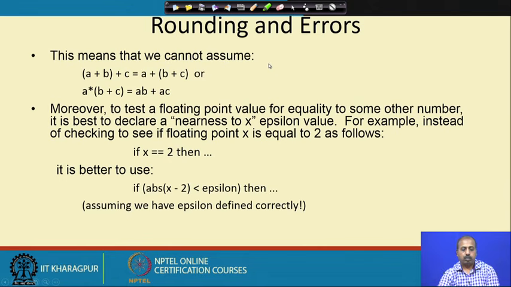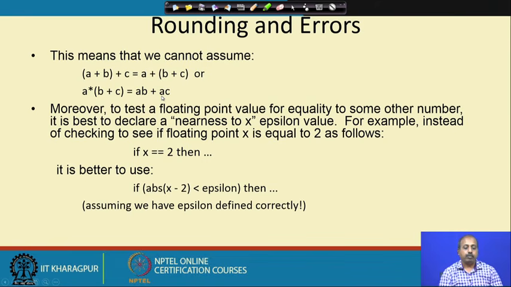So, for example, (a plus b) plus c is a plus (b plus c). If you are doing a plus b first and then adding c to it, and in another case you are doing b plus c first and then adding a to that, or say a into (b plus c) is ab plus ac, as I was telling.